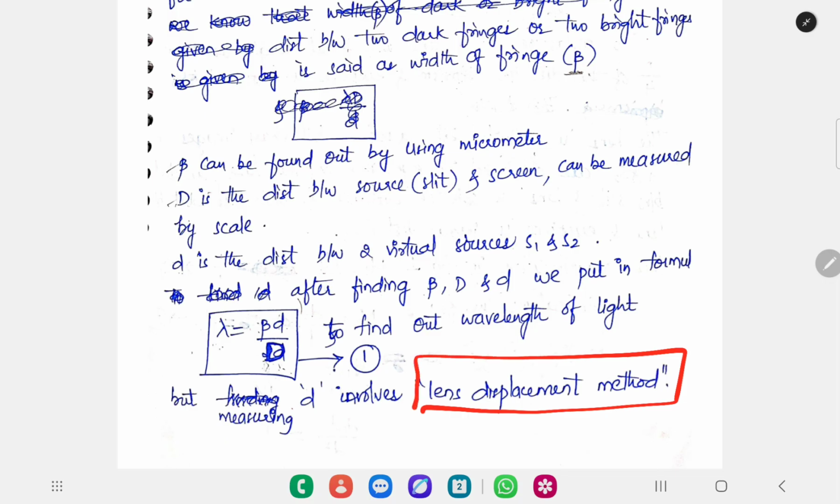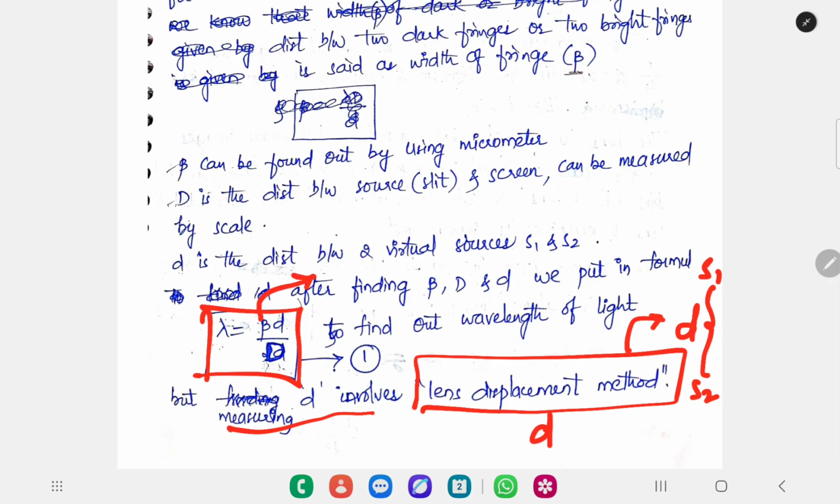So to find out the distance d between S1 and S2, we are using this method, which is known as the lens displacement method. To measure d, we use the lens displacement method. After finding out the small d, we have to substitute it in this equation: lambda is equal to beta d by D. Beta can be found out by the micrometer, by seeing the distance between the fringes.